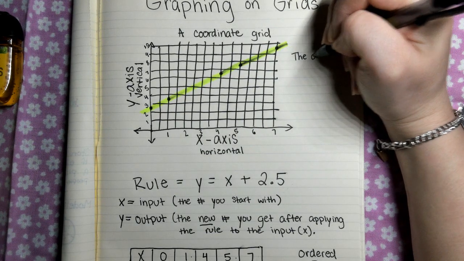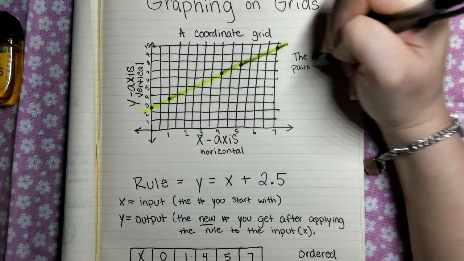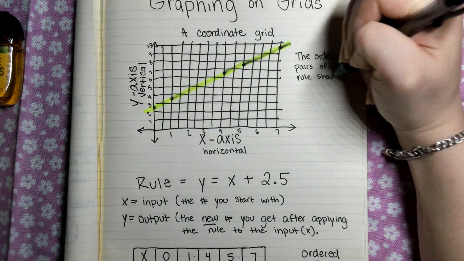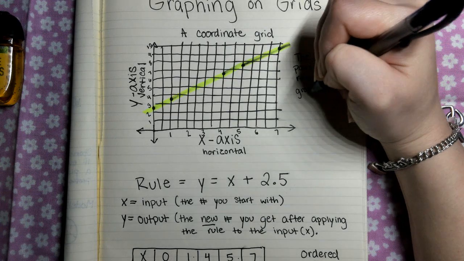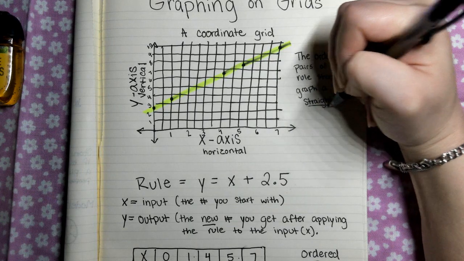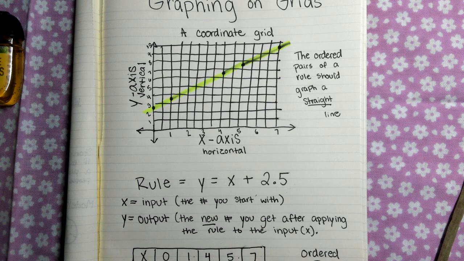The ordered pairs of a rule should graph a straight line. Now this is only when you have like an additive and a multiplicative rule. It doesn't apply when you just have like random data like scatter plot data, or with the size of grasshoppers, or everybody's height, and other kind of sets of data where it's way more random than that.